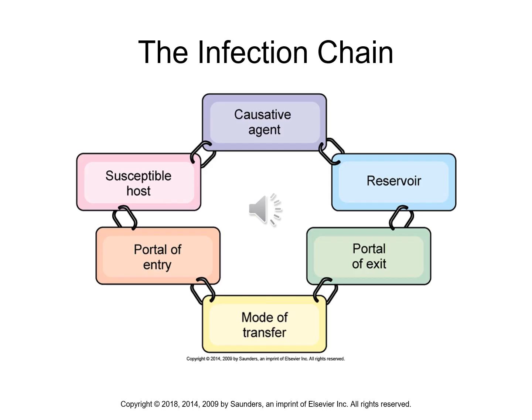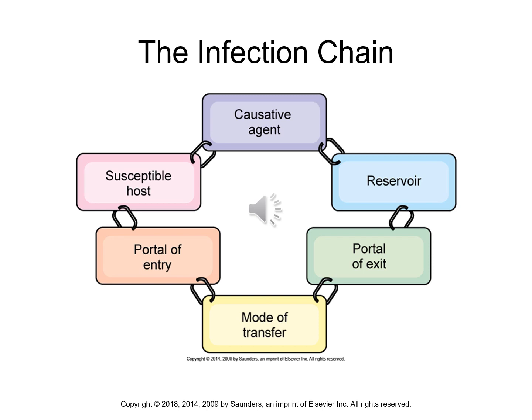So the infection cycle includes 6 components: the pathogen or the infectious agent, or the causative agent, you might see it written as the reservoir, the portal of exit, the mode of transmission, the portal of entry to the host, and the susceptible host.